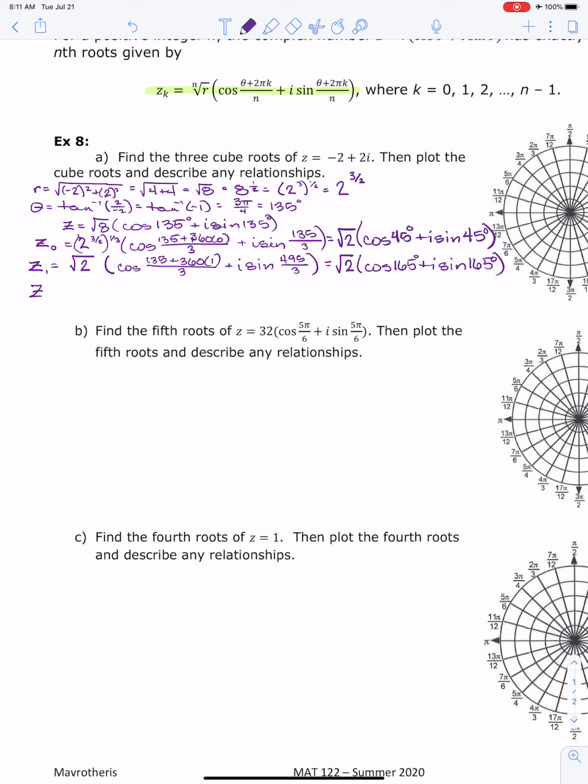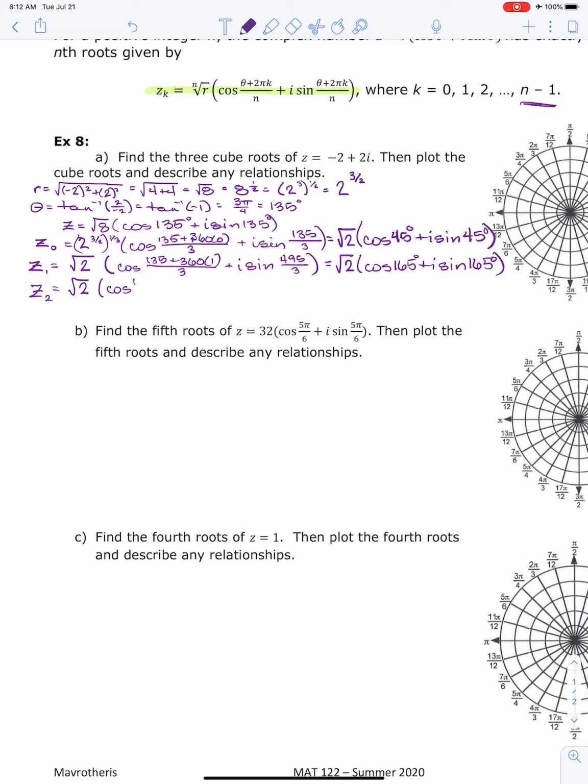And since we're looking for cube roots, we need 3 of them. And this is where this n minus 1 comes into play. If I start at k equals 0, I get 3 cube roots by using k equals 0, k equals 1, and k equals 2.